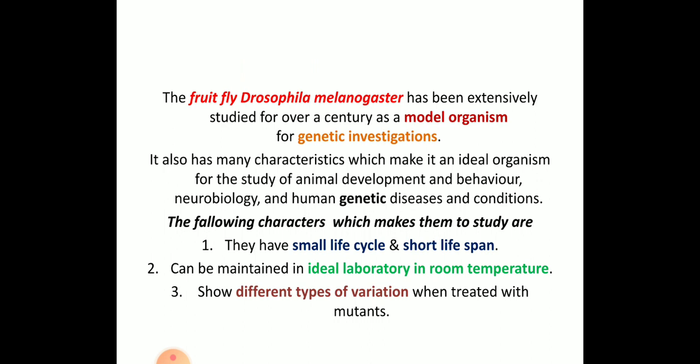As I have already explained, they have a very small life cycle and short lifespan, and they can be maintained easily in laboratories at room temperature, and also show different types of variations when treated with mutants.